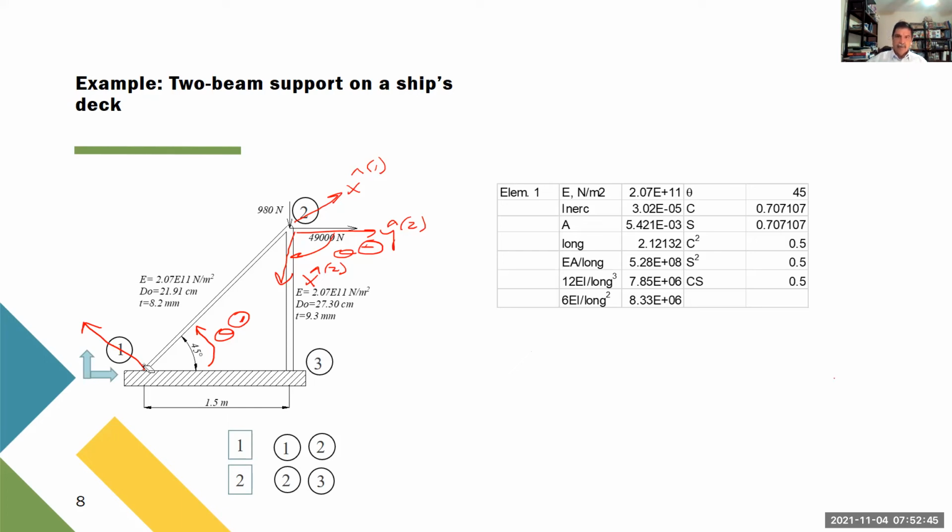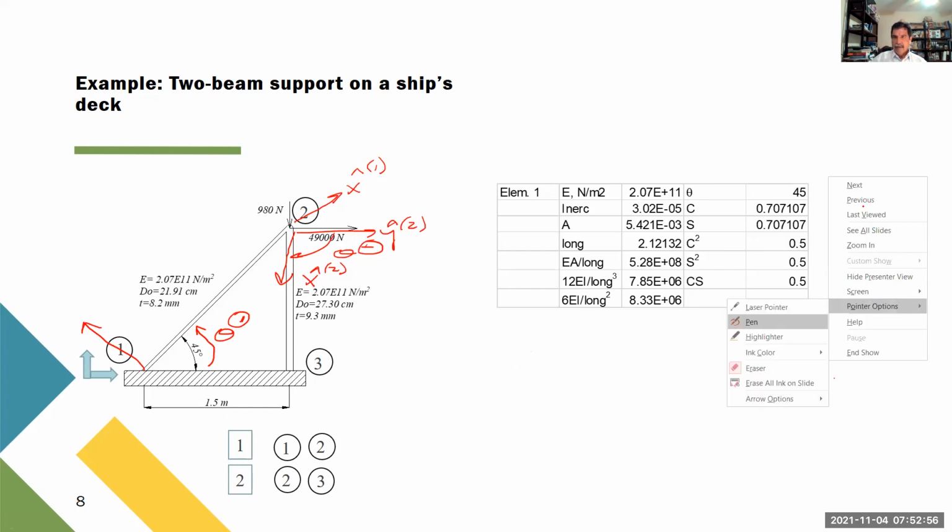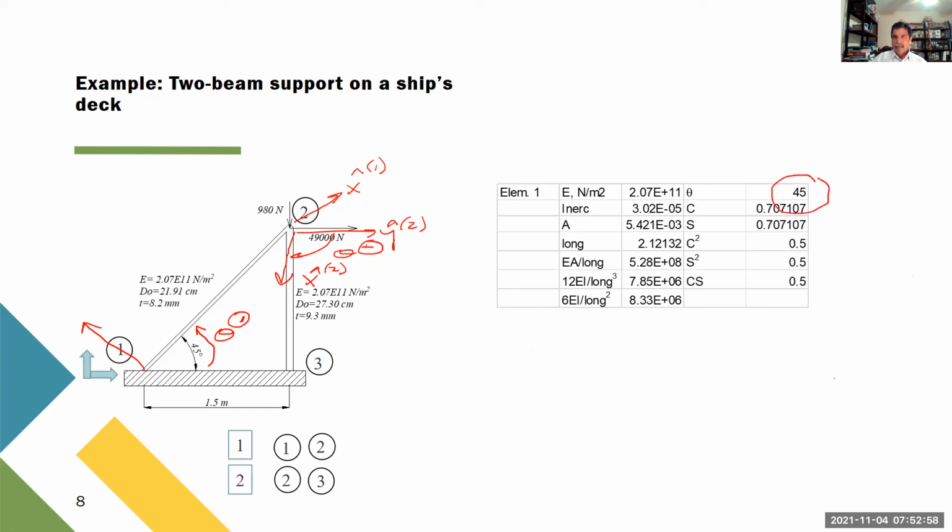Okay, so this is all the information relevant to element 1. Everything is important, but one of the most important is the fact that you need this angle, 45 degrees. This angle here is 45, as you can see here.